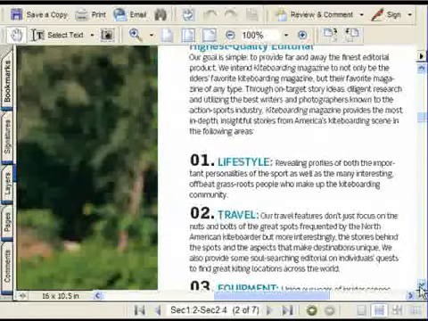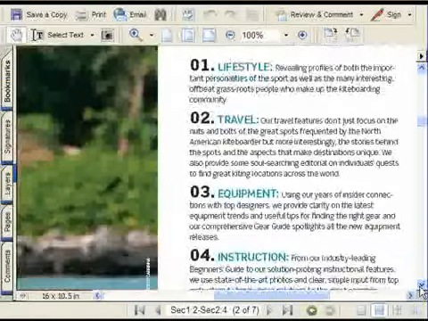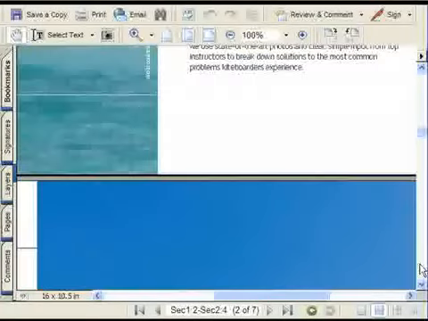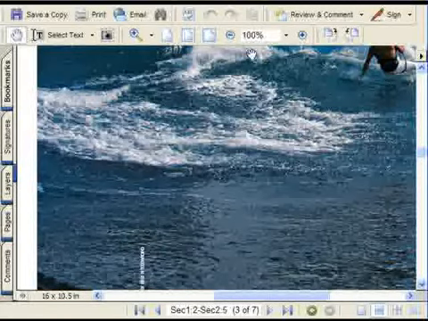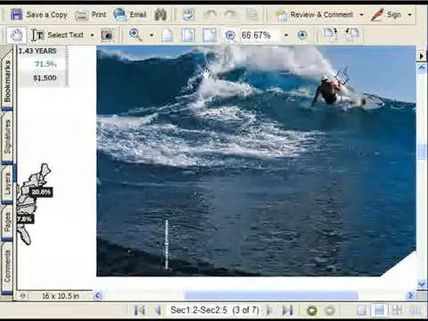There's a kiteboarding association or competition around the world. They have a section for equipment and instruction. Let's zoom out here so I can scan it a little bit better.